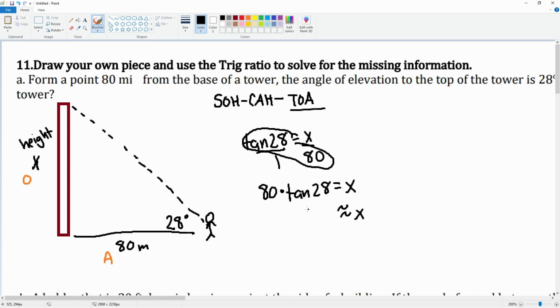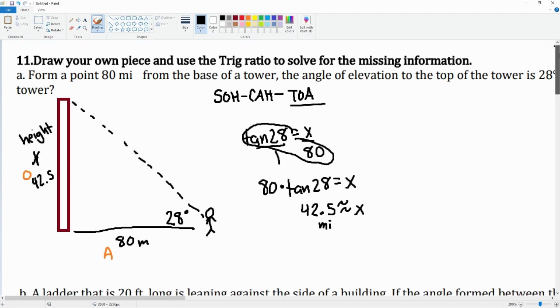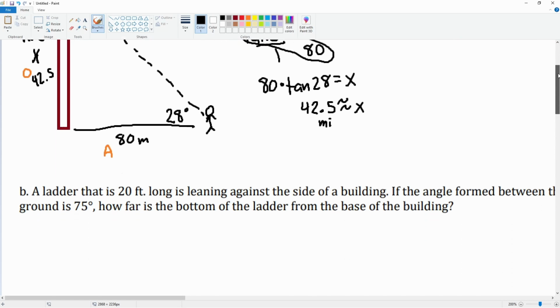This gets you x is approximately 42.5. So it is 42.5 miles away. Oh wait, oh sorry, not miles. That's the height. So this is around 42.5 miles tall. All right, okay. It could be meters if the units work out better.